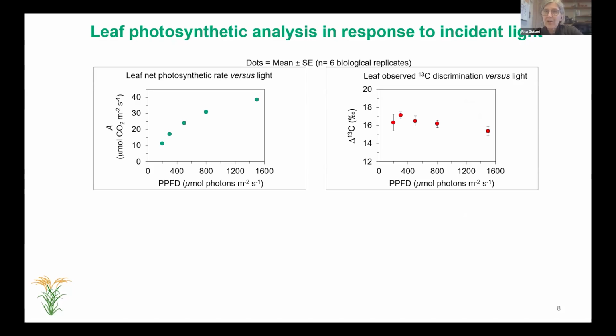The standard error of the measurements are reasonably low, and for almost all the light levels, for the first low ones, we see a higher standard error, higher variability that is associated to a low isotope signal compared to the intrinsic noise of the equipment.